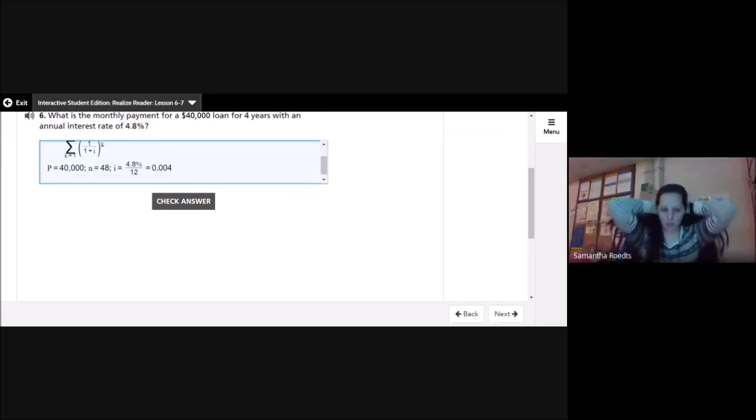So 4.8% divided by 12 is 0.004. Okay. I substitute in these values. I'm going to find the sum first.